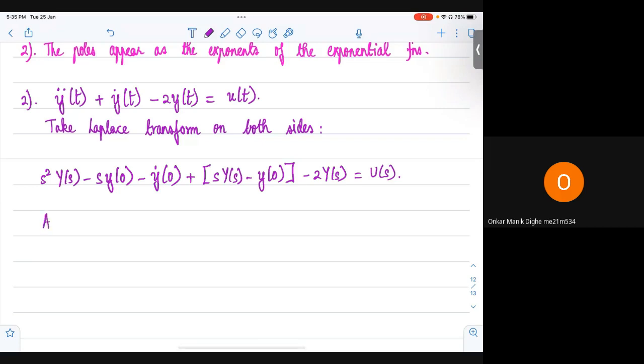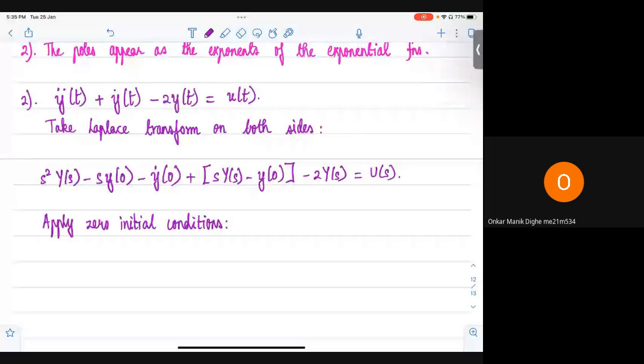Then we apply zero initial conditions. So y of 0 becomes 0, y dot of 0 becomes 0, and this y of 0 also becomes 0.